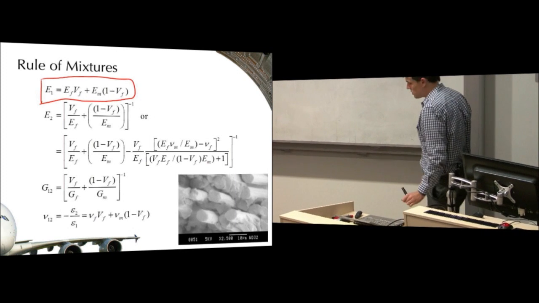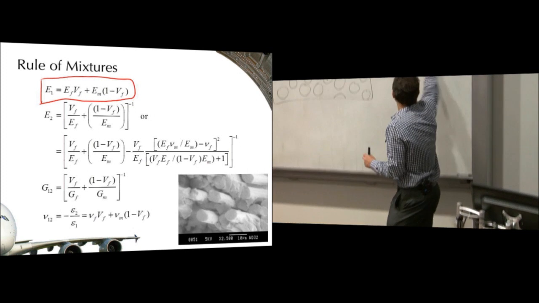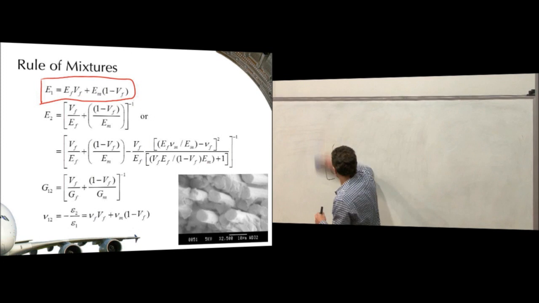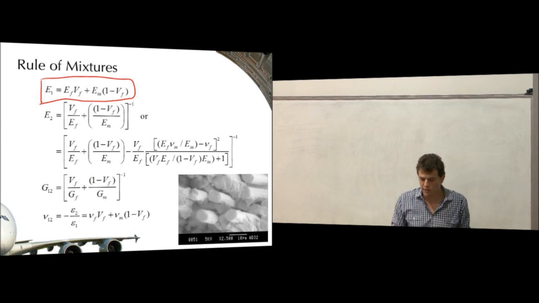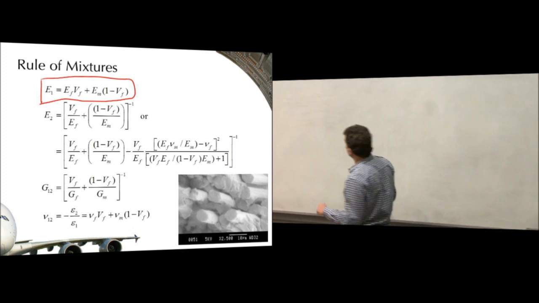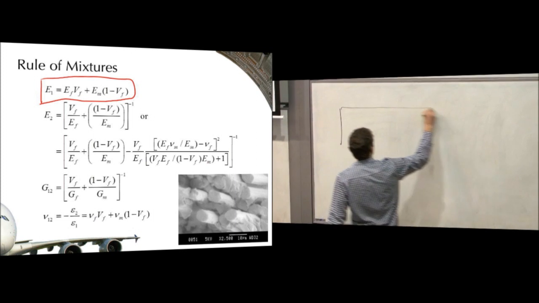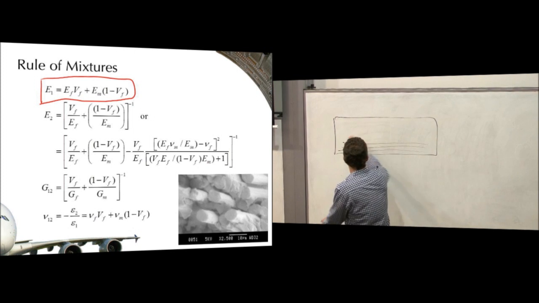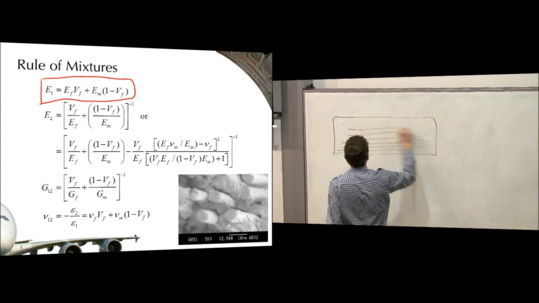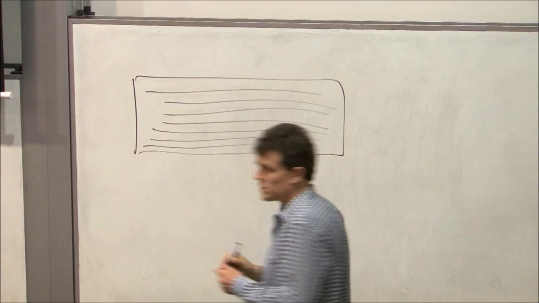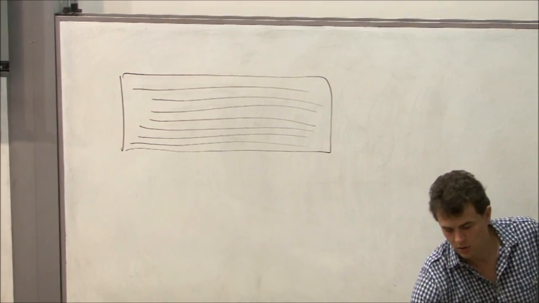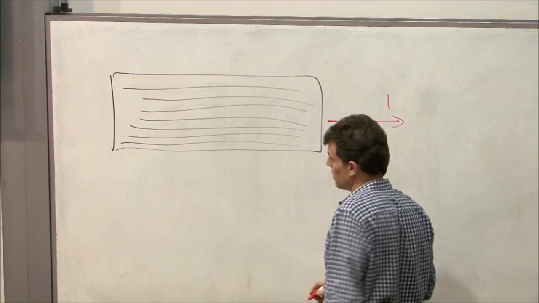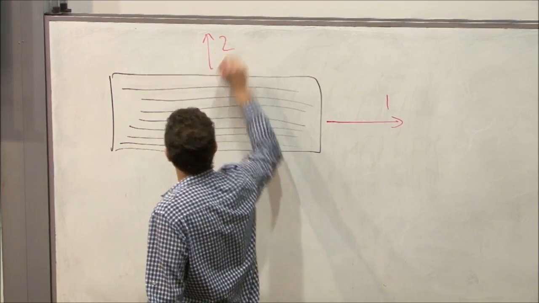So if we had our example before, and for the next little while we're only going to talk about single plies, what we call lamina, so just one layer of material. So if this was our lamina with our fibres in it running from left to right, we tend to set up a coordinate system that looks like 1, 2.